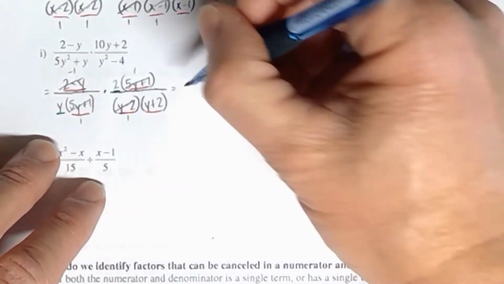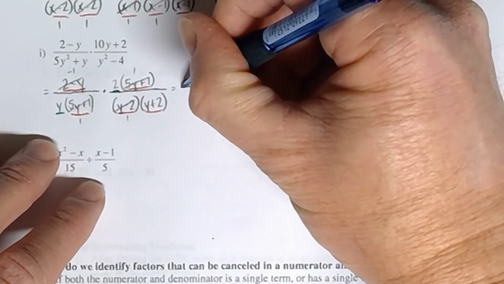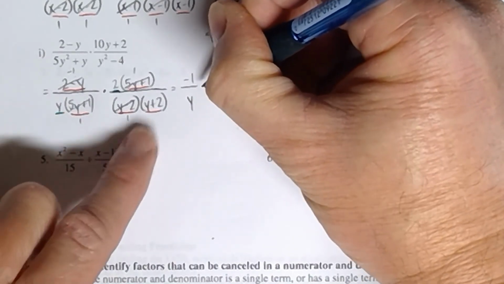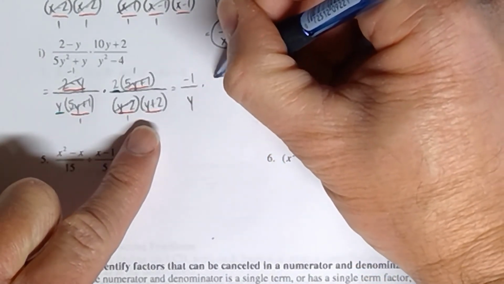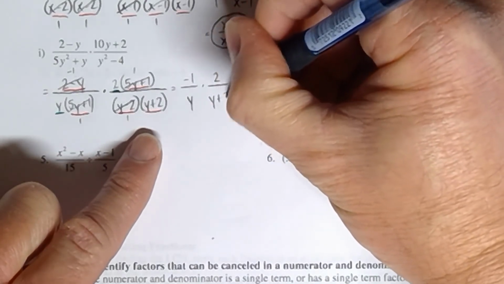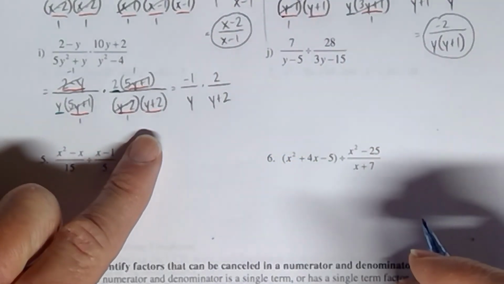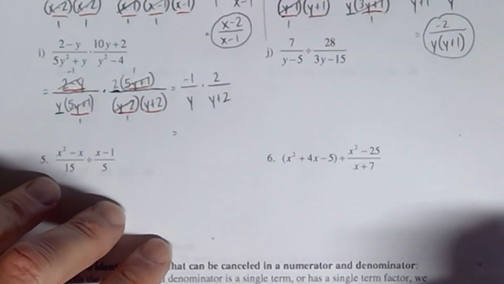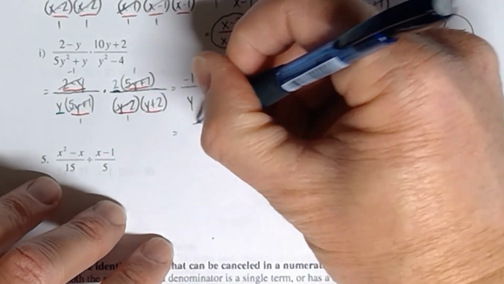Let's see what I got left here, cleaning up my mess here. I've got negative 1 over y on the first fraction over here. And then on the second fraction, I've got 2 times 1 on the top, y plus 2 on the bottom. You can see it's a very, very similar problem to the last one. And we get what? Negative 2 on top.